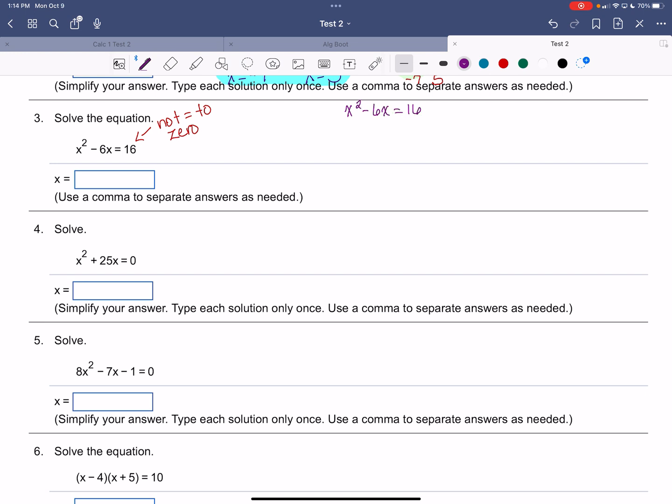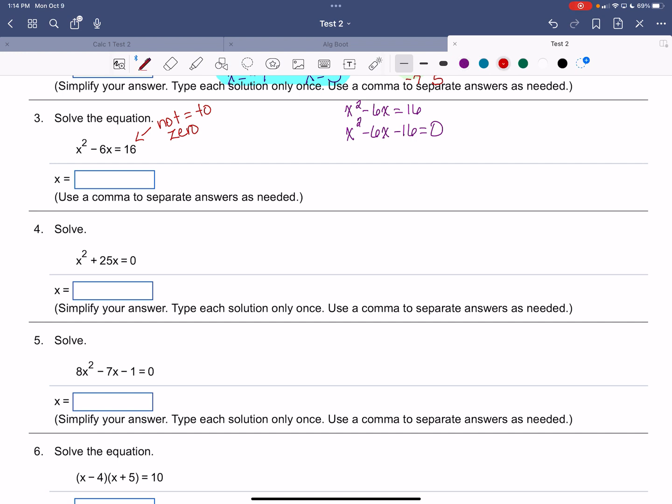I've got to subtract 16 from both sides. So then I've got x squared minus 6x minus 16. So my first step right there was to set it equal to 0.